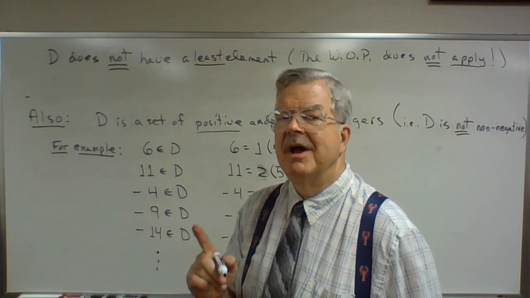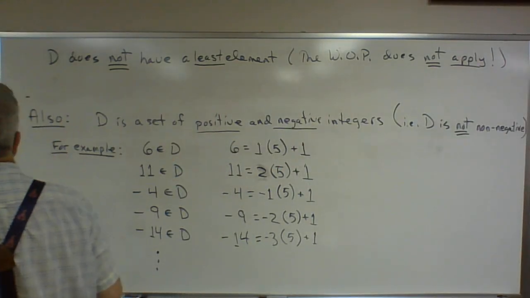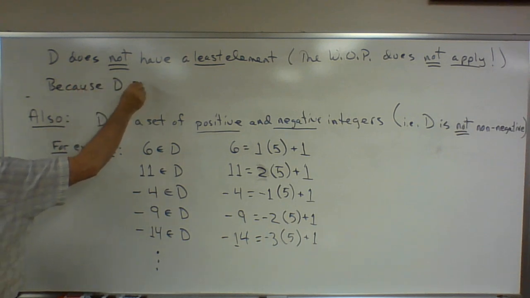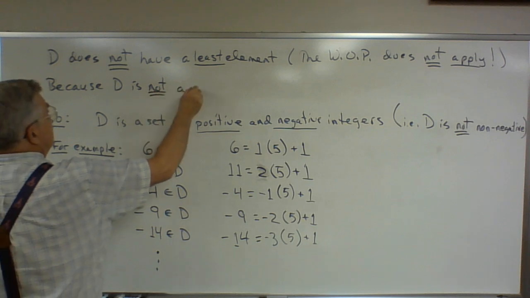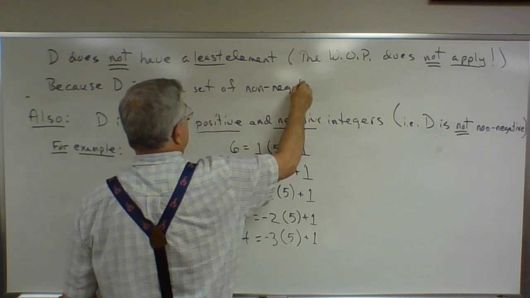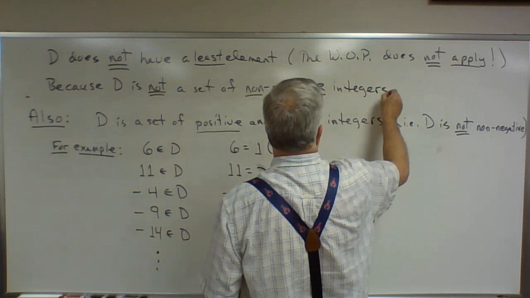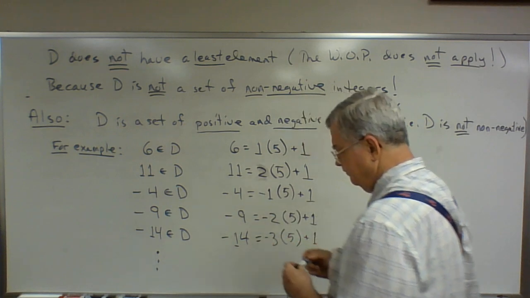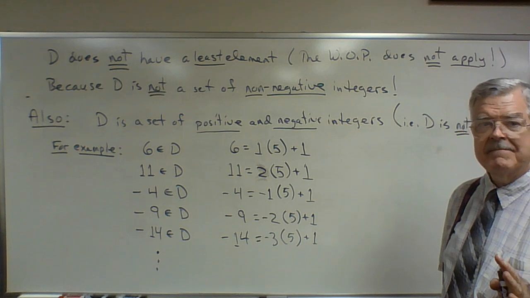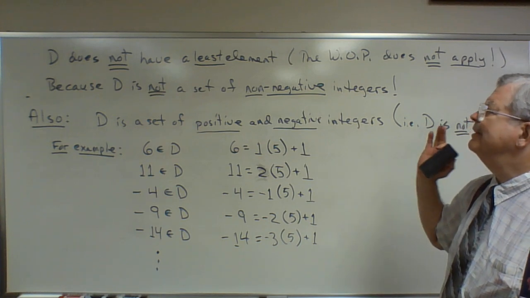Because D is not a set of, that's right, non-negative integers. So here's a case where the well-ordering principle doesn't apply, and because of that, the set D does not have a least element.